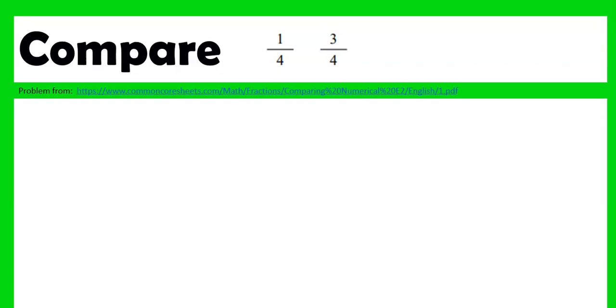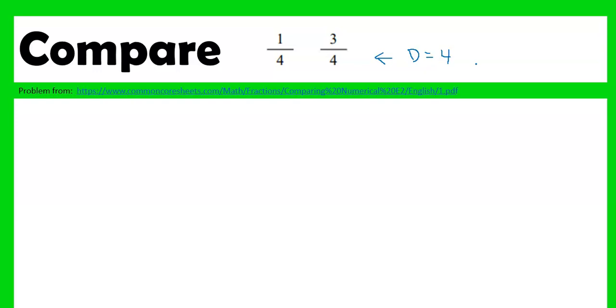Remember, our denominator is our bottom number, and I'm just going to abbreviate it with a D. Our bottom number is our denominator, and it equals 4. Because both of these numbers have the same denominator, we do not need to do any math.